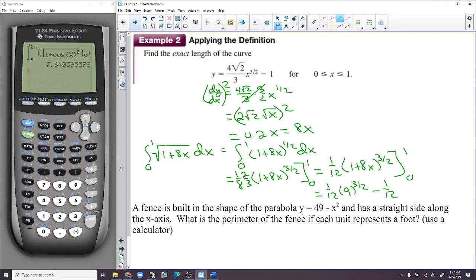All right, now I would like you to be able to finish it here without using a calculator. I would not give you a calculator for this problem. So can you finish it out? What's the value?